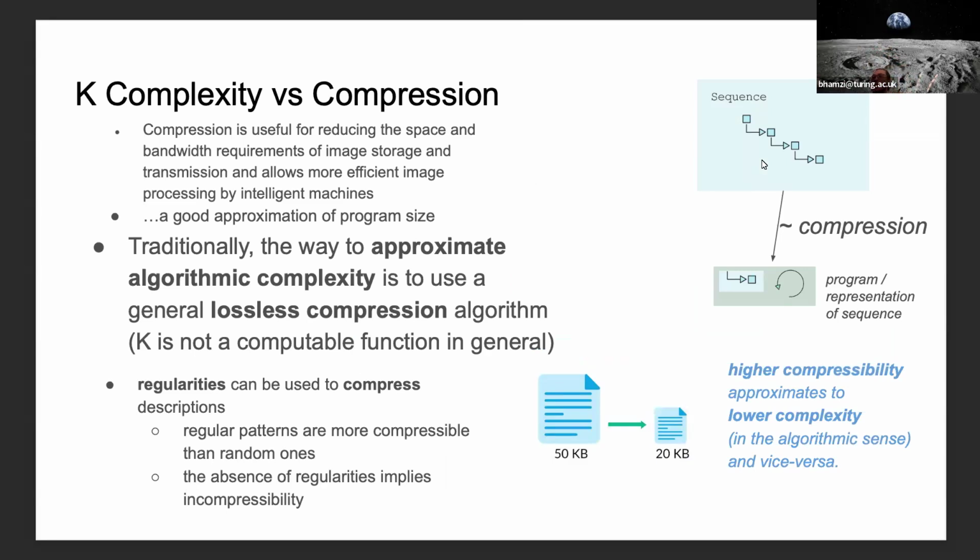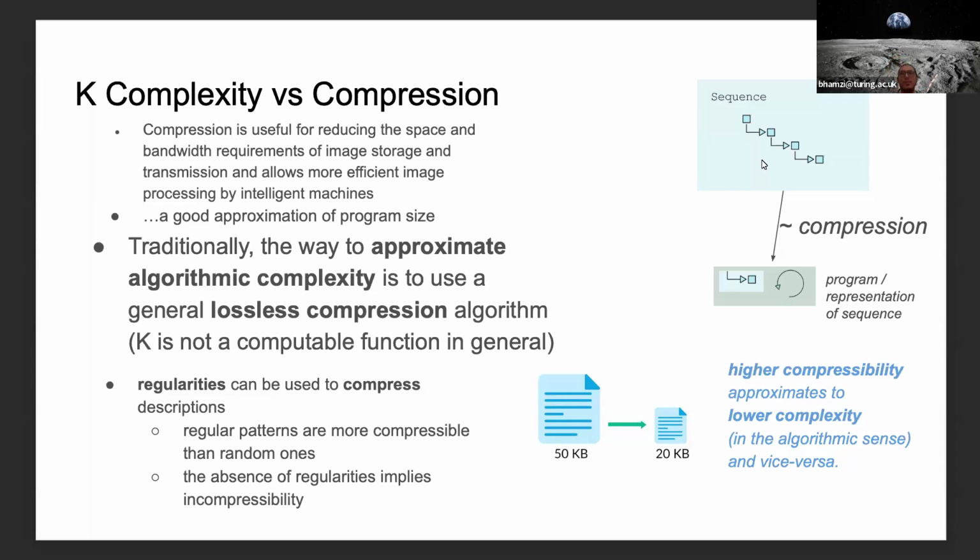So, using compression. Compression is obviously useful for reducing space and bandwidth for image storage and transmission across the internet, especially relevant for data to train machine learning and other applications. But it's a good approximation for program size, and it's traditionally the way you approximate algorithmic complexity.